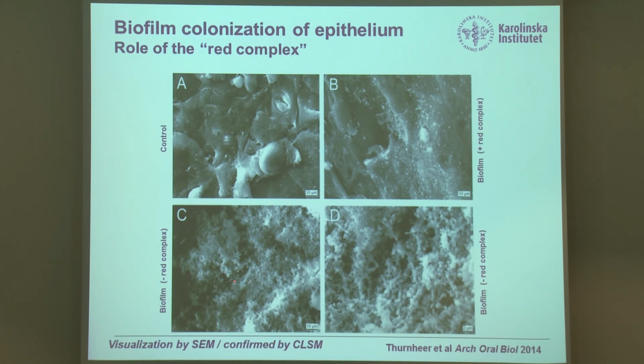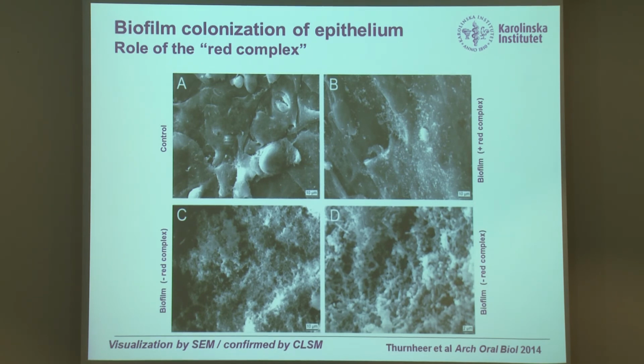In this instance, you can see by scanning electron microscopy the outer surface of the epithelium, and we tested the effect of the red complex species on the colonization of the biofilm.